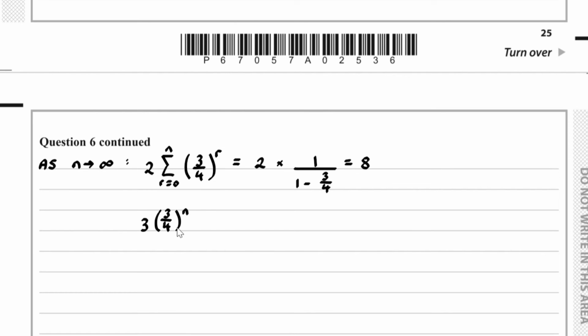As n tends towards infinity, 3/4 to the n will tend towards 0, so this term will tend towards 0. And therefore, as n tends towards infinity, L infinity will tend towards 8 plus 0, which is just 8.